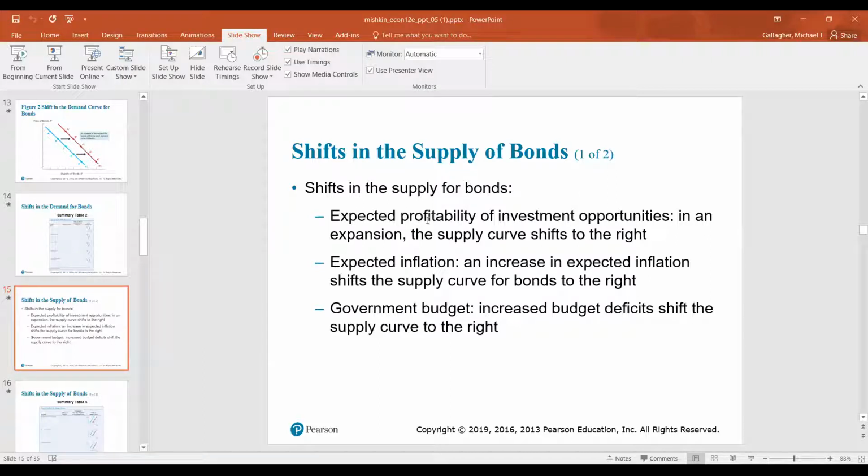Expected inflation. An increase in expected inflation shifts the supply curve to the right. If expected inflation increases, the real cost of borrowing decreases. The difference between nominal and real interest rates. If the real cost to borrow is lower, the supply of bonds will increase.